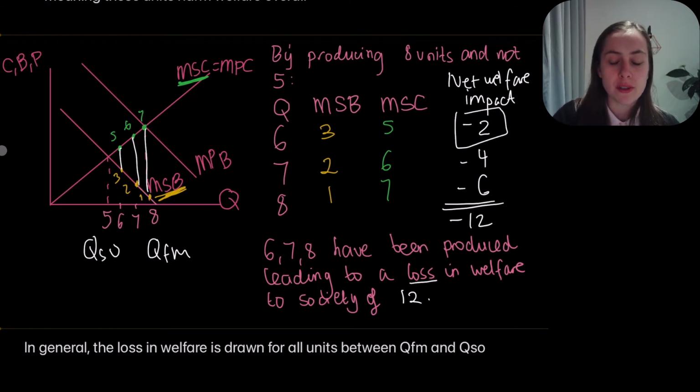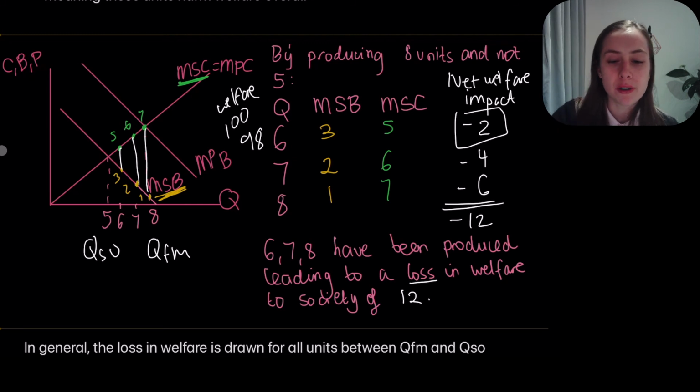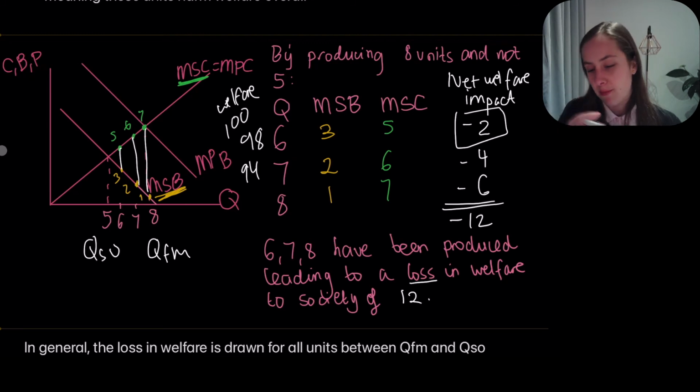So if there was 100 total welfare at 5, now there's 98 at 6. The 7th unit reduces welfare by 4, meaning I have 94 welfare in this made-up case. At 8, minus 6, meaning I have 88 total welfare in this made-up case.